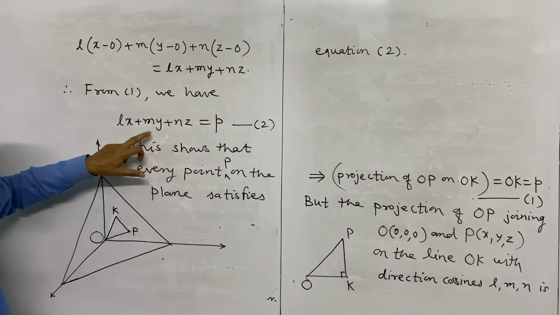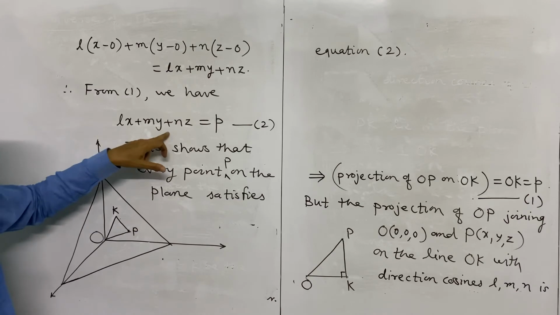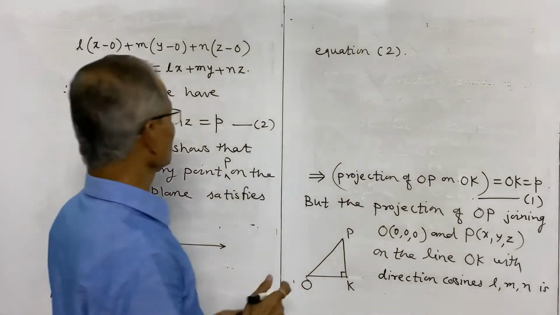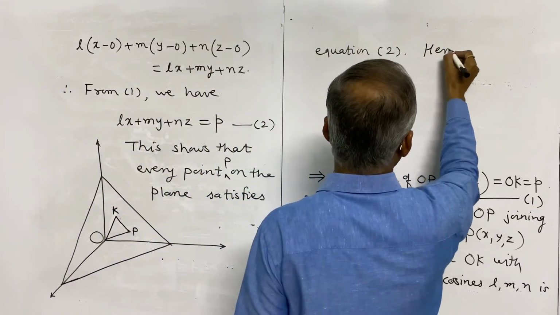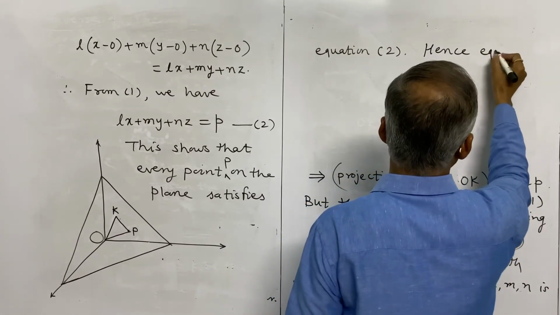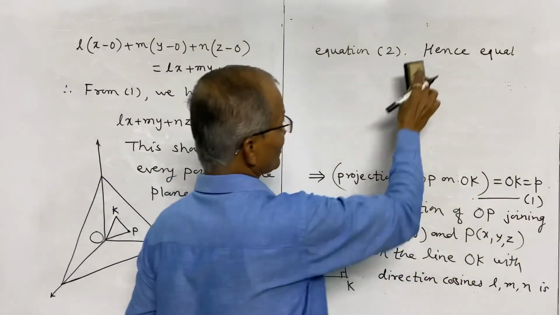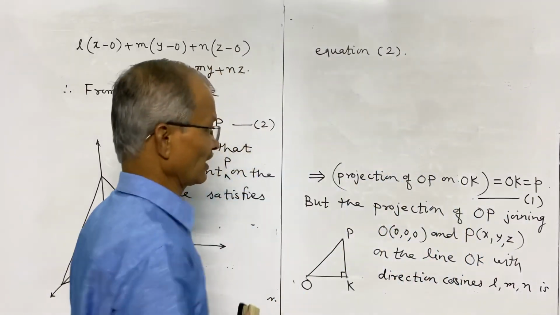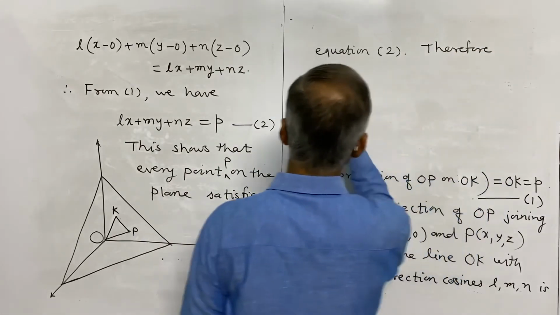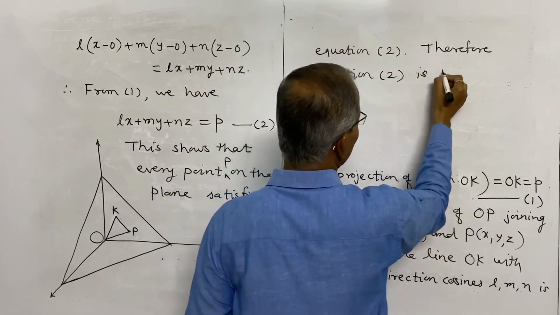And now you see what is the degree of this equation. It is the first degree. The powers, or exponents, of x, y, z are 1. Therefore it is a first degree equation. This shows that every point on the plane satisfies equation 2, so equation 2 is the equation of the plane.